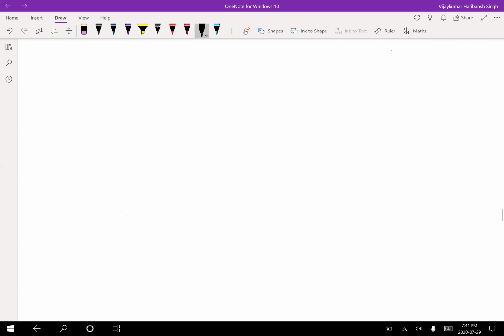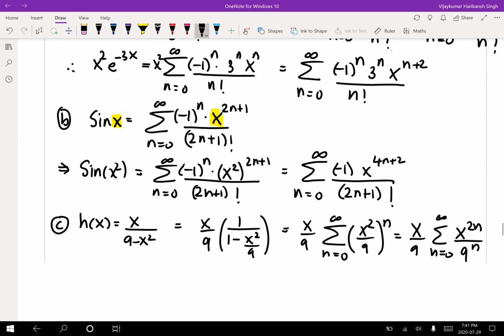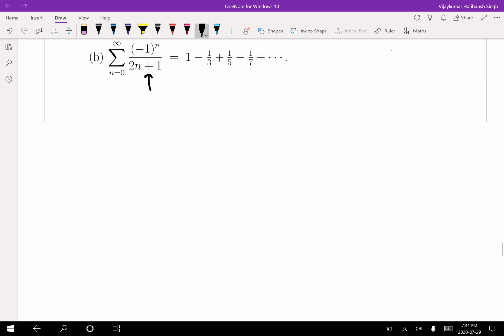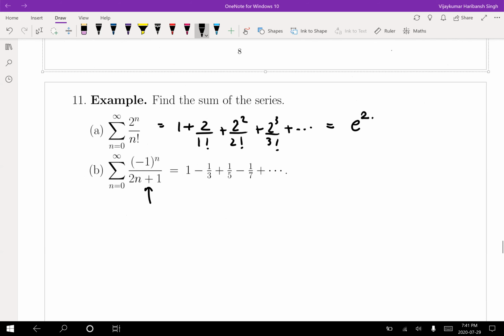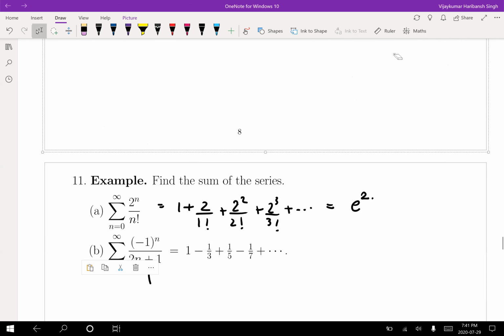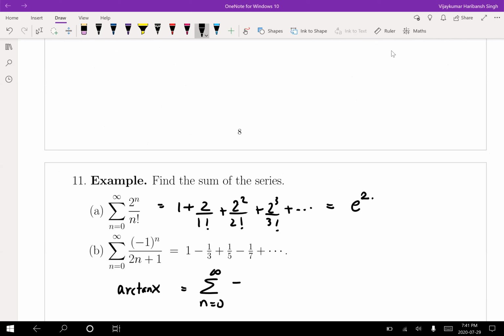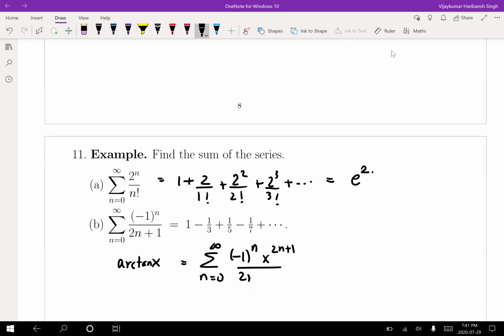So in that case, this series is the same as, we know arctan of x is summation n equals 0 to infinity of minus 1 to the power n, x to the power 2n plus 1 divided by 2n plus 1.